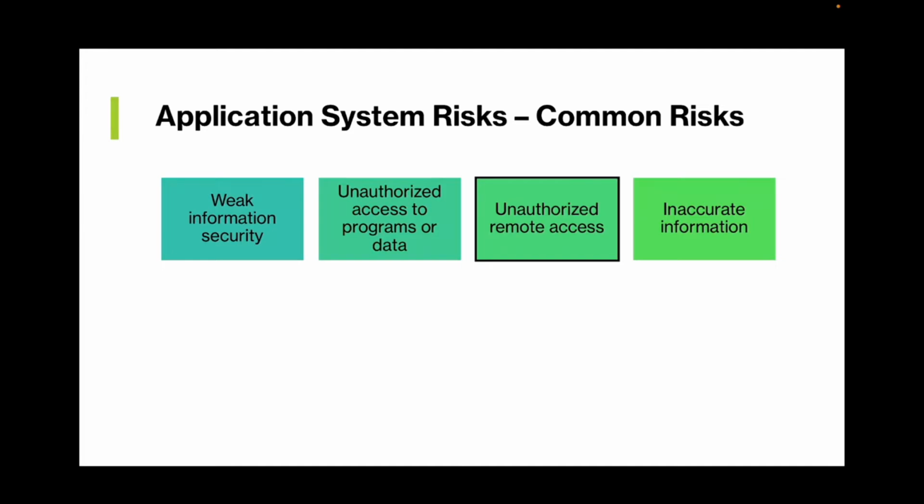The result is a waste of time in reconciling these repositories to determine which data are accurate. That's why it's also important to have integrated systems so that you have one source for the truth, or one source for your information.